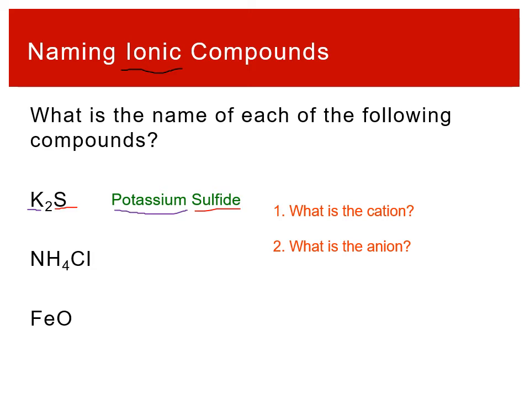We don't need to have any information about the two because the fact that it's potassium and sulfide, we could figure out what the charges are, and from that determine what the formula is and all that kind of stuff. For NH4Cl, we want to be careful. This is NH4. That is ammonium, right? That is an entire polyatomic ion. Whenever we start off with NH4, we want to be mindful that that is a polyatomic ion that's going to be ammonium. The Cl is then the chloride that is left over.